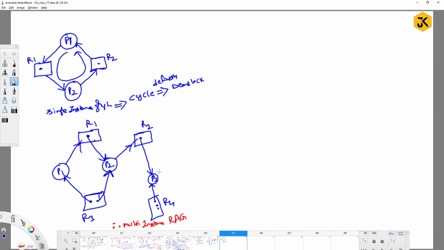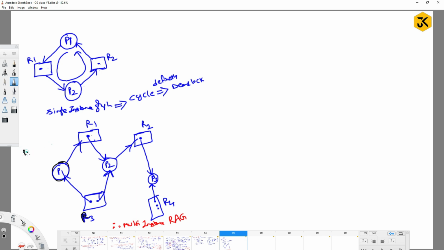Now tell me, is there any kind of deadlock? Is P1 blocked or not? P1 is blocked because P1 is using resource R3, but waiting for resource R1. That's why it is blocked.